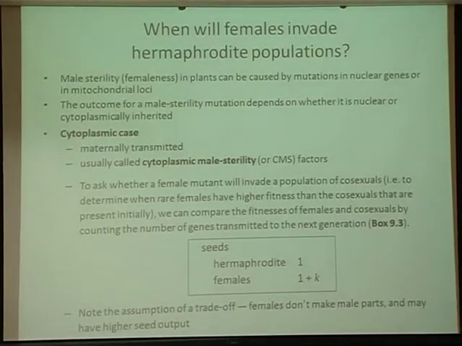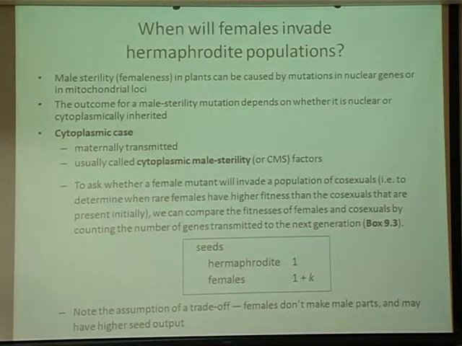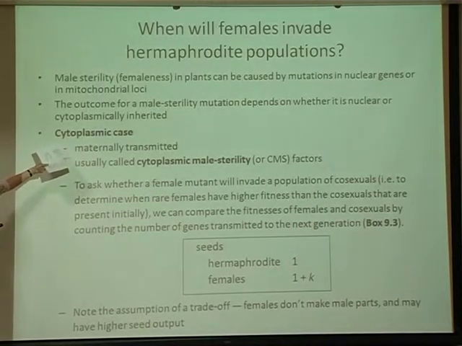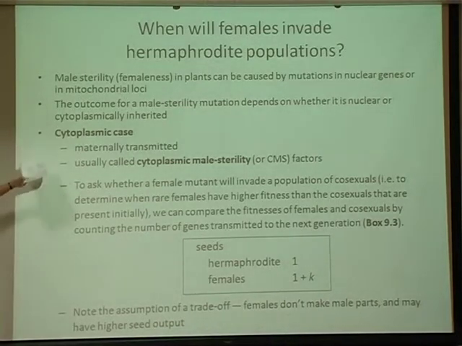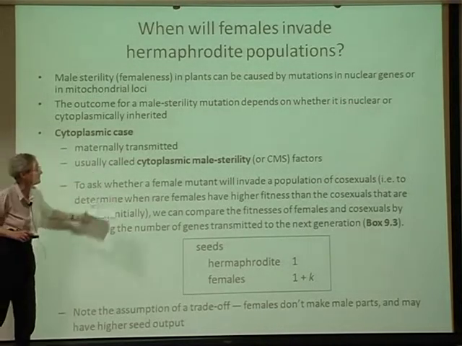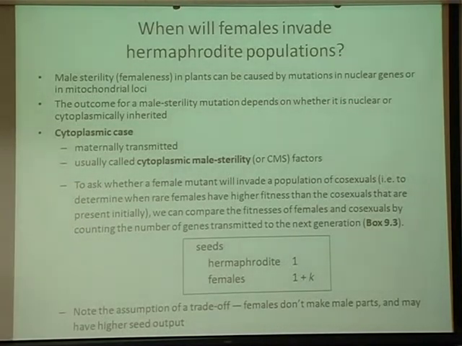It's been very well known for a long time that in plants, at least, male sterility mutations that you find in crop species and genetically studied species are often mutations in the cytoplasmic genome. It turns out in the mitochondrial genome, you can have mutations that cause male sterility. Cytoplasmic male sterility factors, often called CMS factors.